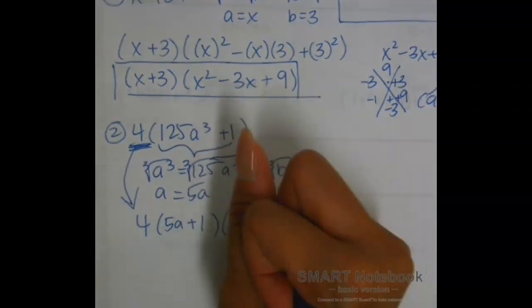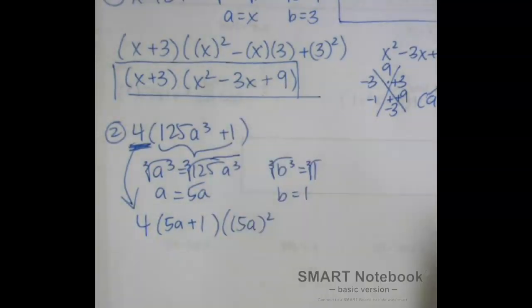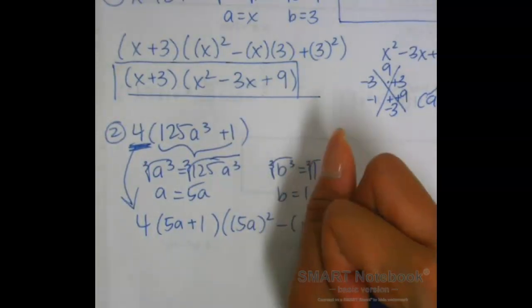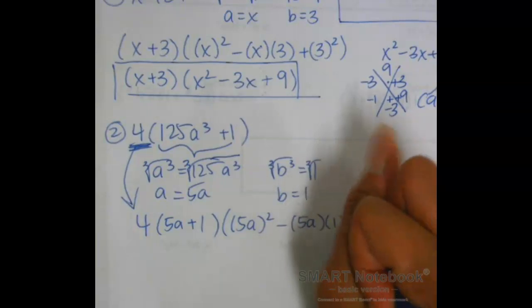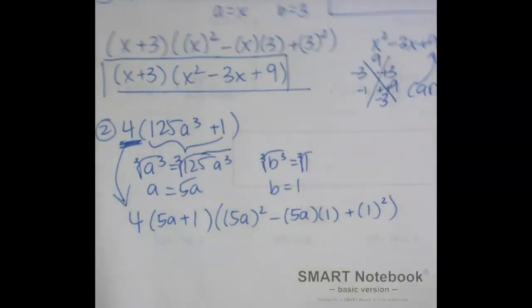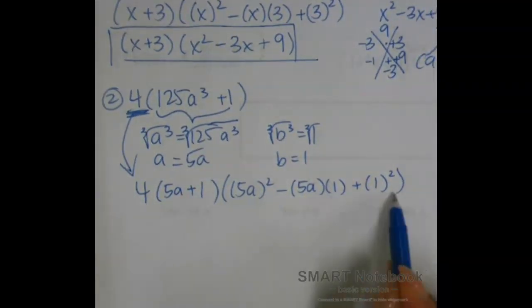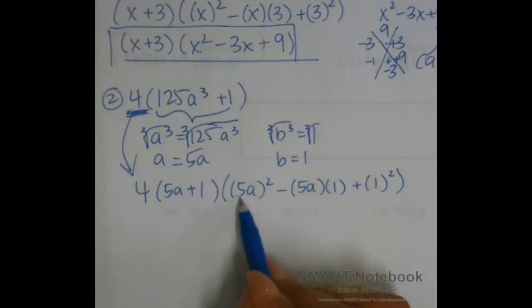For the second one, this is where it gets creative. So look up at the board. We're going to do a squared minus ab plus b squared. Ewan, why did I probably write it out just like this? What do you think is going to happen with this 5a squared?